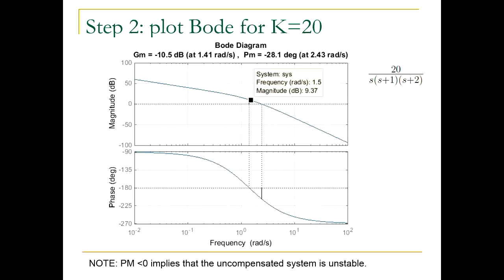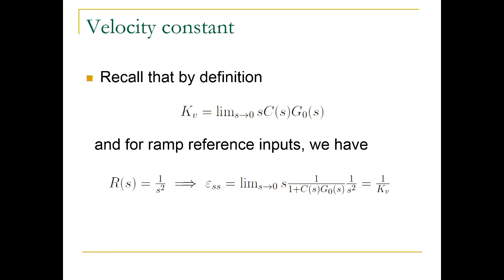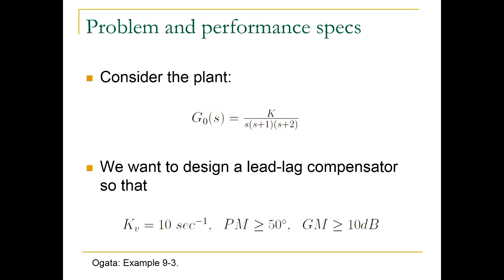So what we are doing next is we look at the whole plot, and we need to decide. By the way, I want to remind you what the specifications are. We should get phase margin more than 50 degrees and gain margin more than 10 decibels.